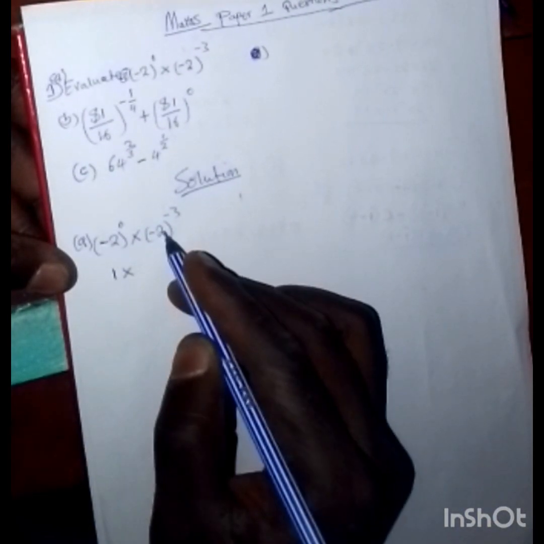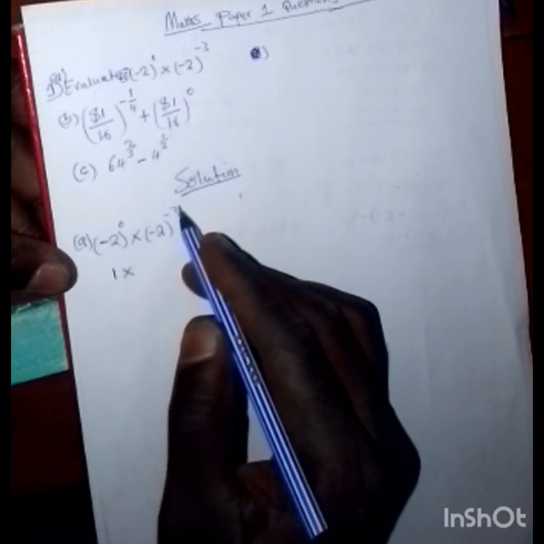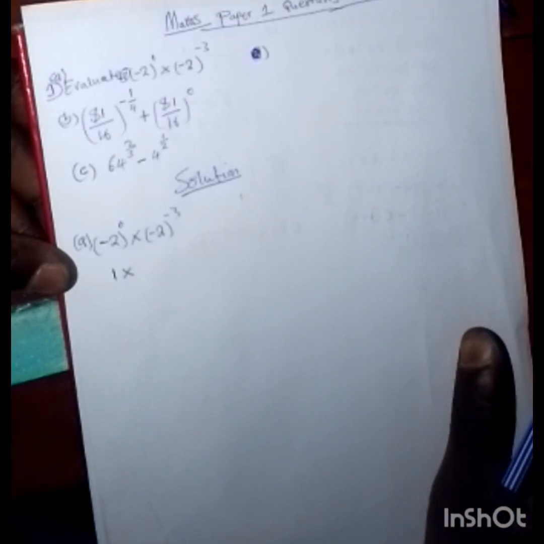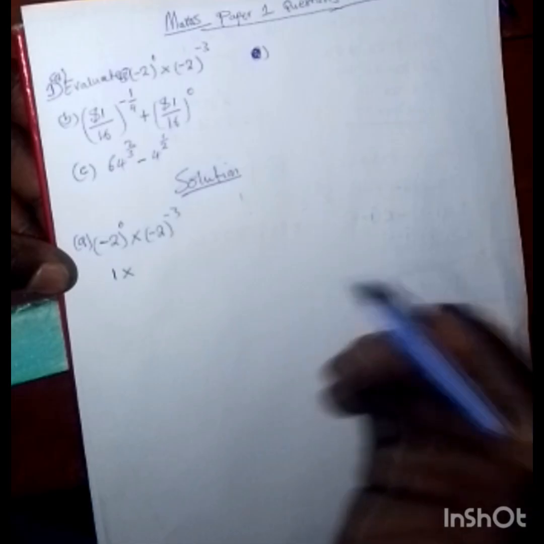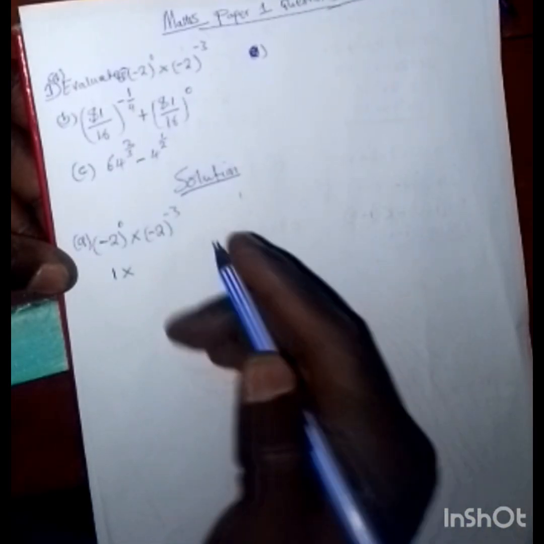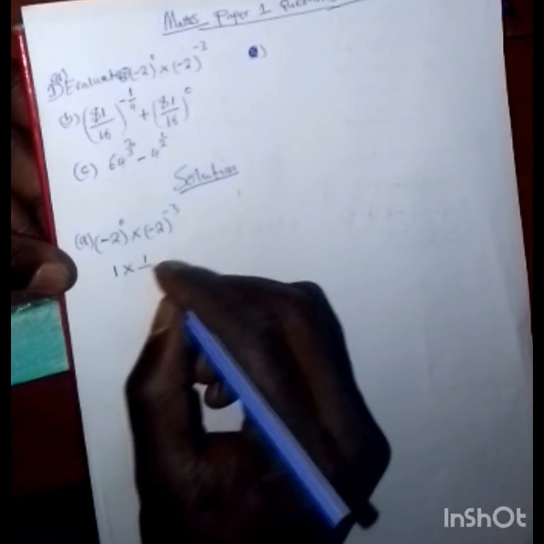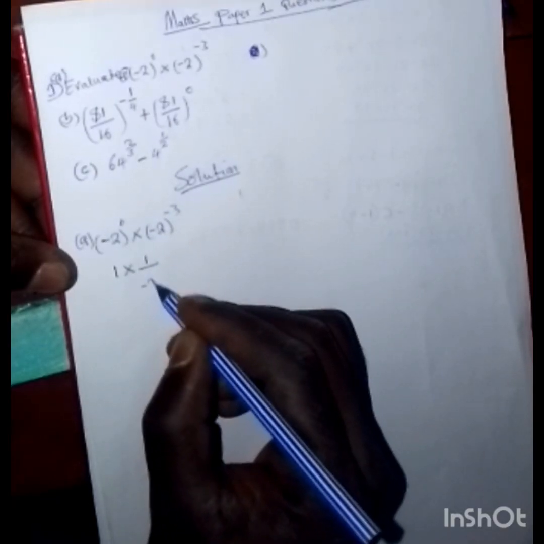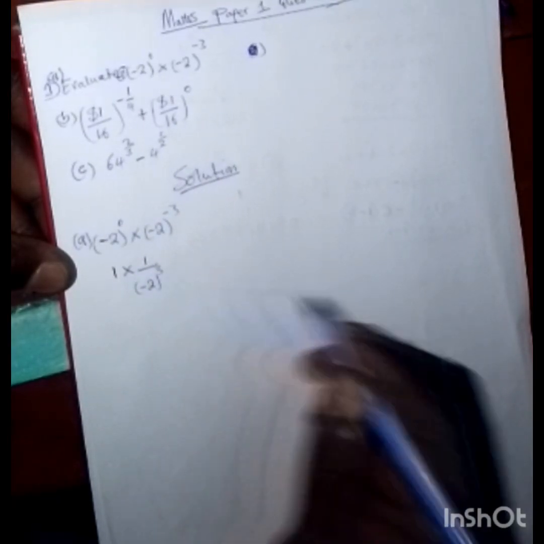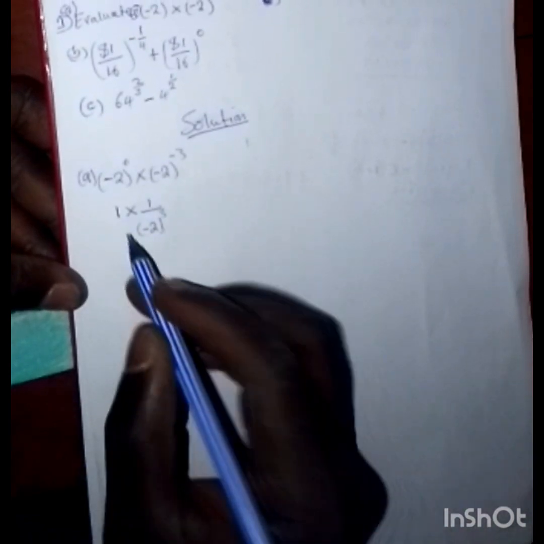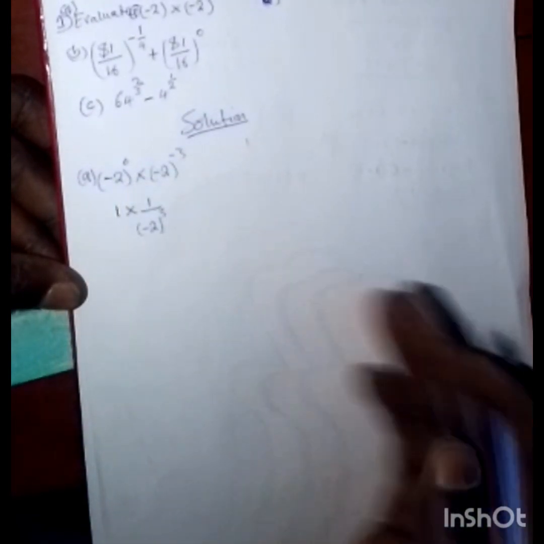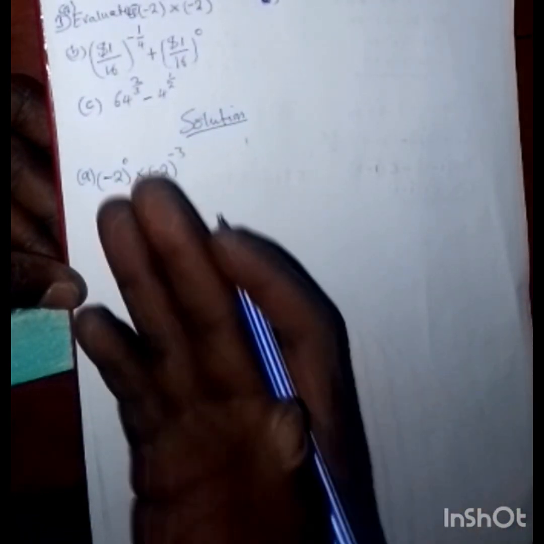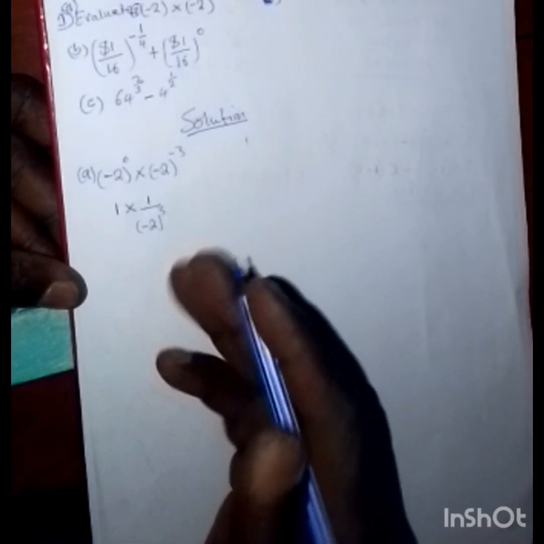Then multiply by this one, which has a negative index. When there is a negative index, to get rid of the negative, you simply say 1 over, then you write this thing here without the negative as the power. So we're going to have (-2) to the power 3. So that is the rule, two rules basically: the negative index and the number raised to power 0.